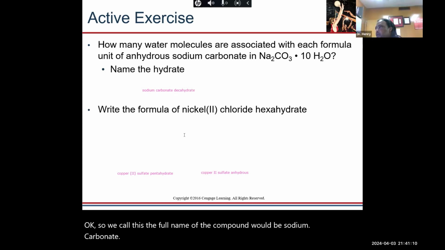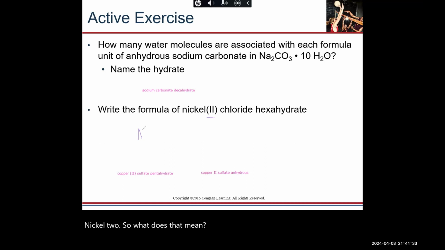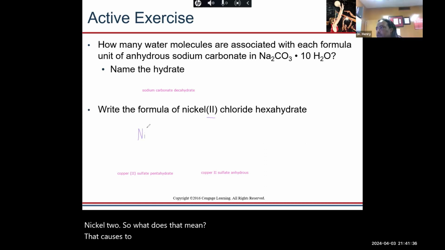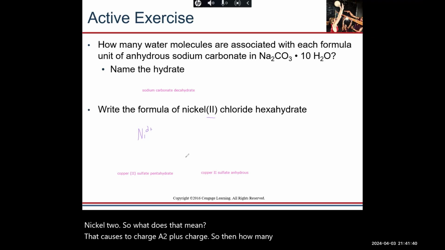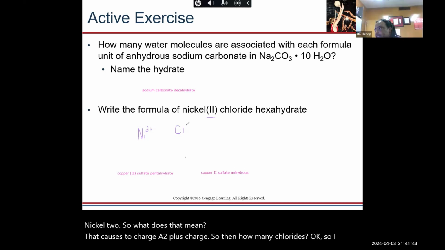Okay, so write the chemical formula for nickel(II) fluoride hexahydrate. Nickel(II). So what does that mean? Nickel has a 2+ charge. So that means we need 2 fluorides.